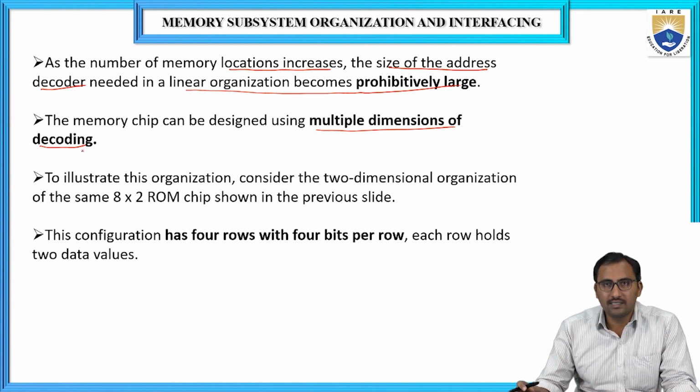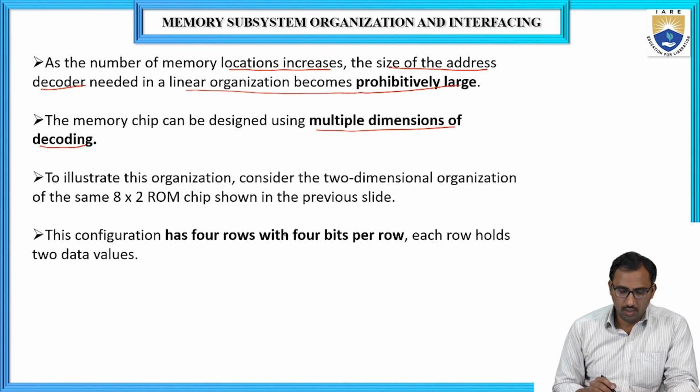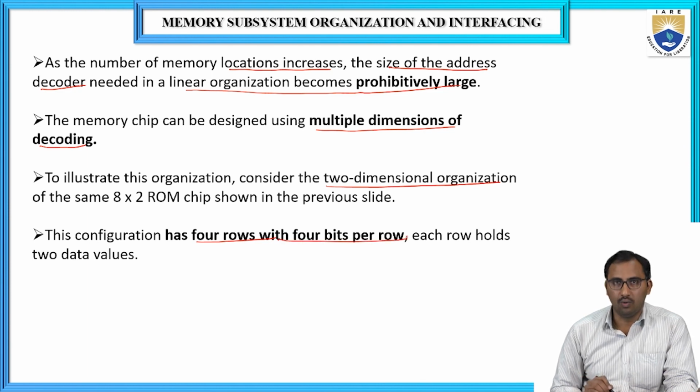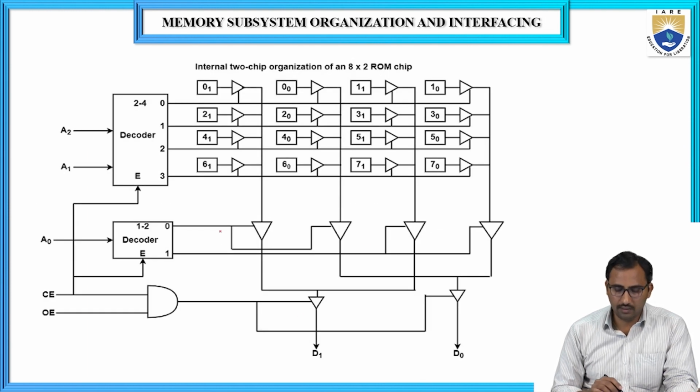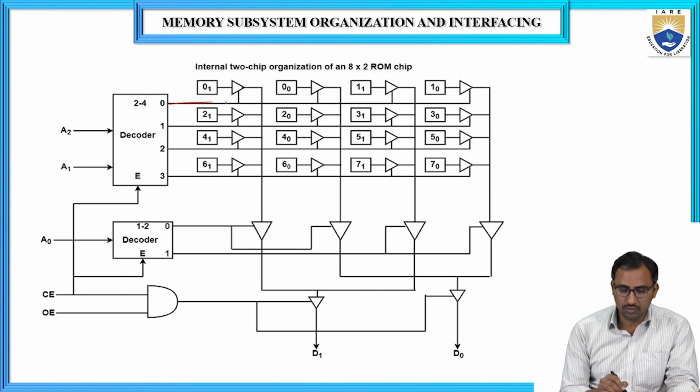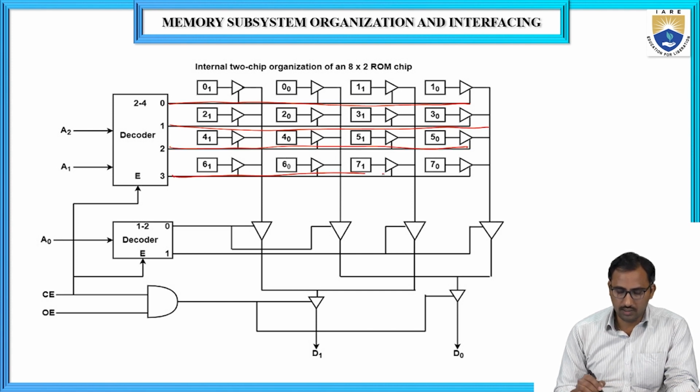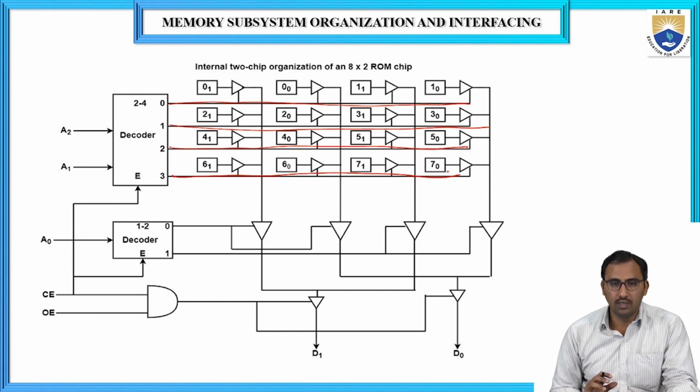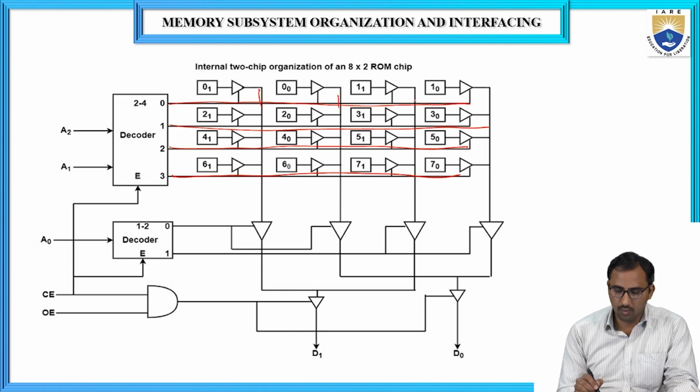For that, we consider a two-dimensional organization. This configuration has 4 rows with 4 bits per row. You can see here the internal organization arranged as rows: this is the first row, second row, third, and this is the fourth. In total it contains 4 rows, and each row stores 4 bits, bit 1, 2, 3, 4.